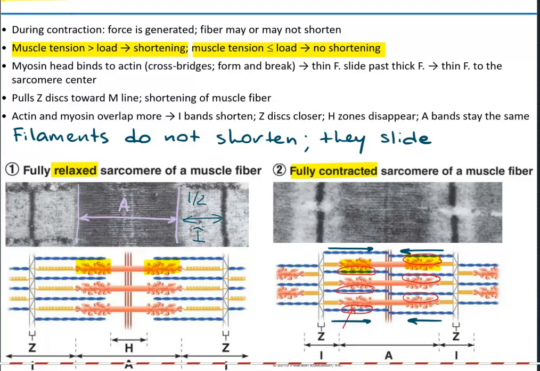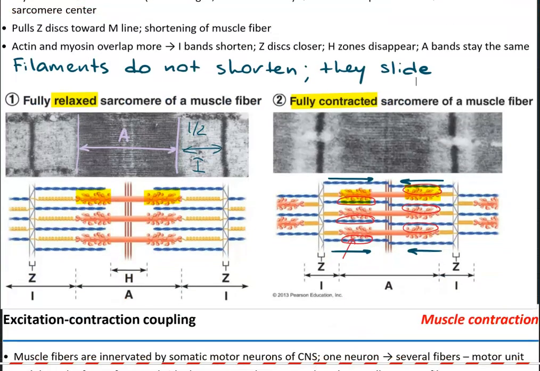So now when you look at both of these images together, you realize that when thin filaments are pulled towards the center of the sarcomere, Z discs come in closer. So these are Z discs, and you can clearly see that the distance between them is much shorter than that distance.